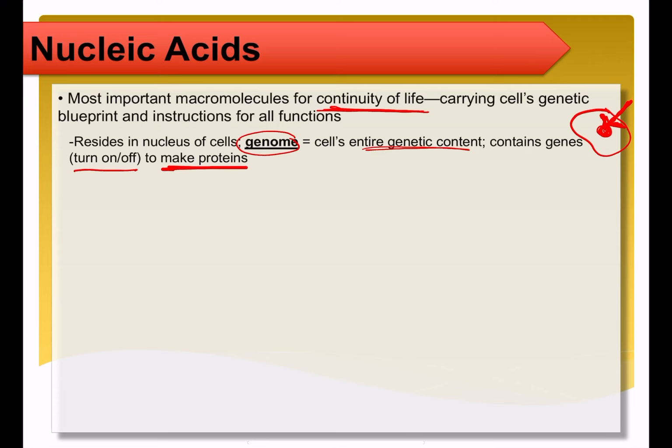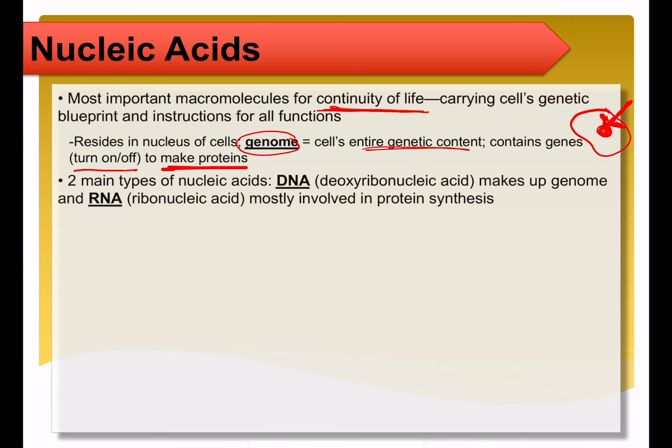Okay? All right, so there are two main types of nucleic acids. You have DNA or RNA. DNA stands for deoxyribonucleic acid, which makes up our genome, while RNA represents ribonucleic acid, which is mostly involved in protein synthesis.